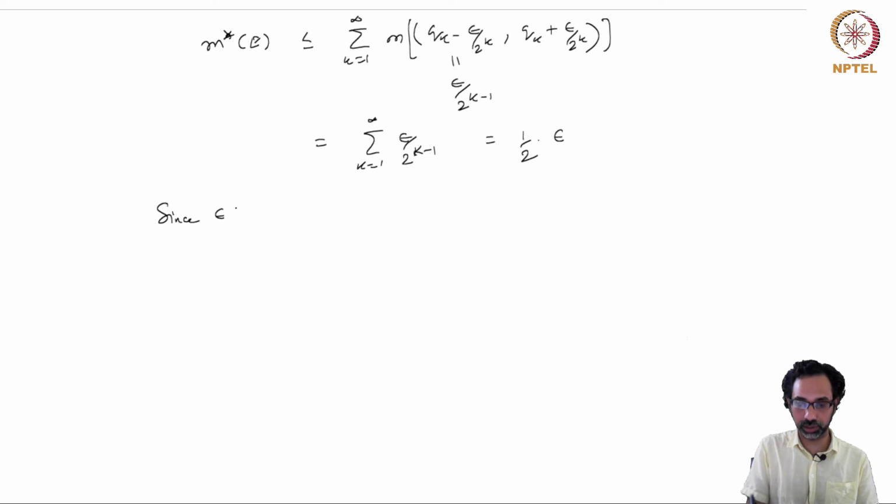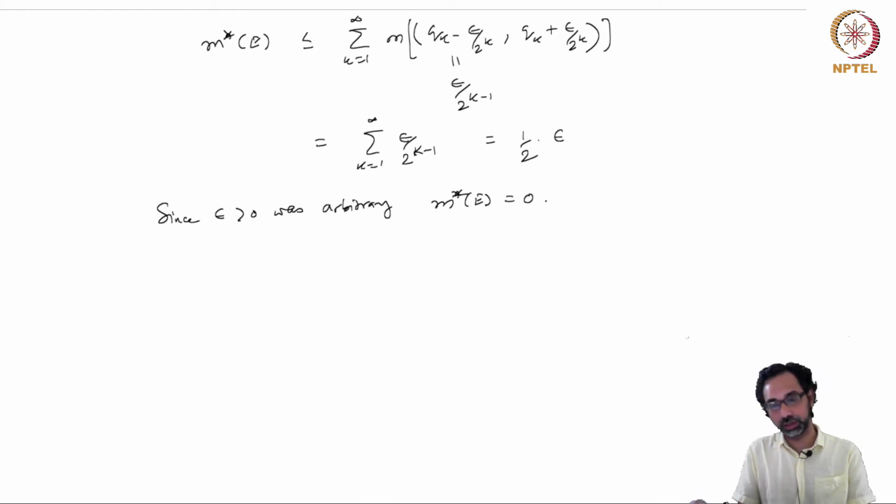Since epsilon was arbitrary, we get that m*(E) is equal to 0. This trick of using epsilon over 2^k so that the sum becomes finite will be used many times in this course, so it's worthwhile to understand how this is done.